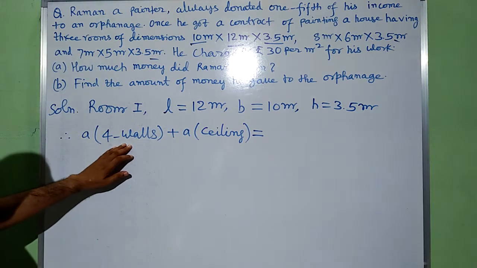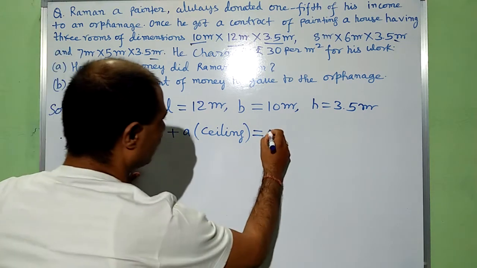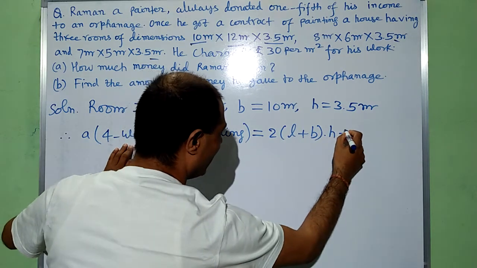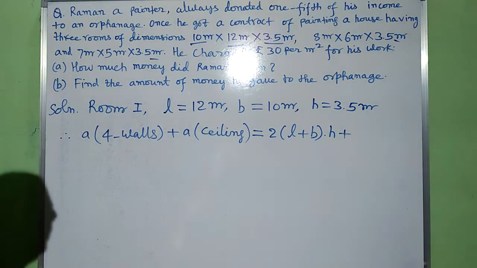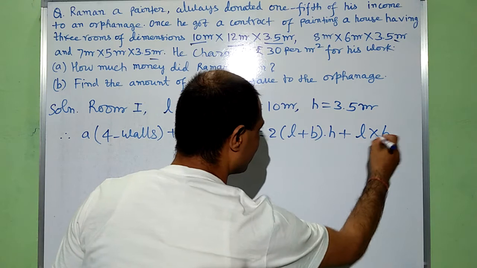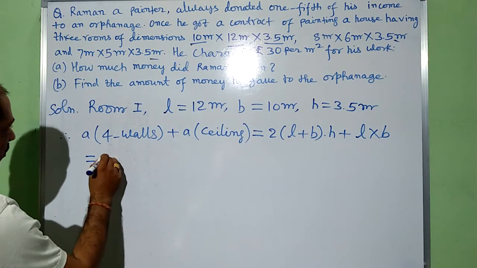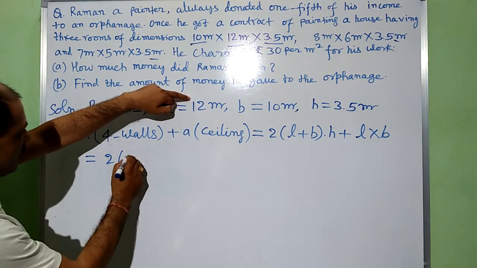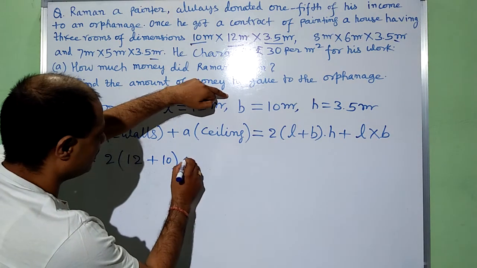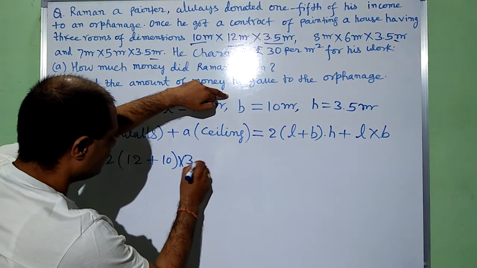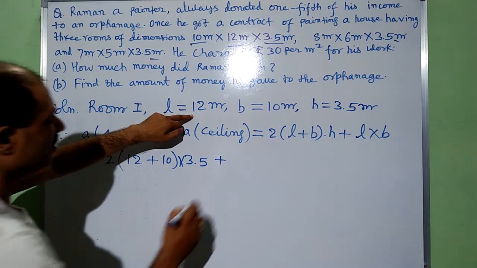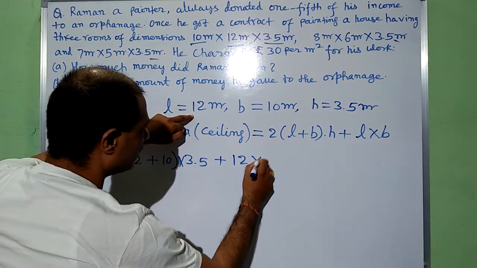Area of all the 4 walls of a room is 2 into L plus B into H, and area of ceiling will be L into B. It will be equal to 2 into L 12 meter plus B 10 meter into H, that is 3.5 meter, plus area of ceiling, L into B, 12 into 10.